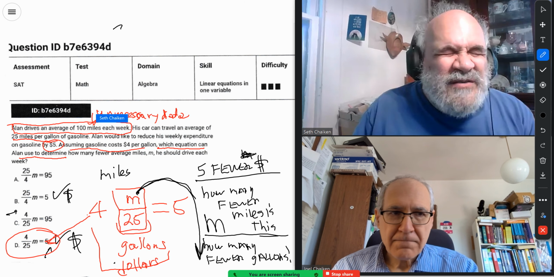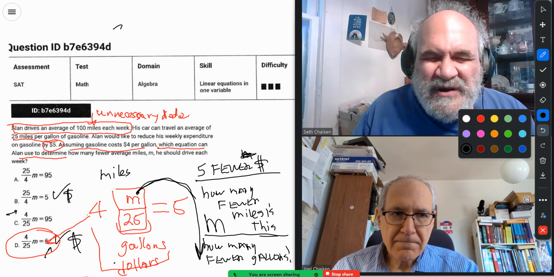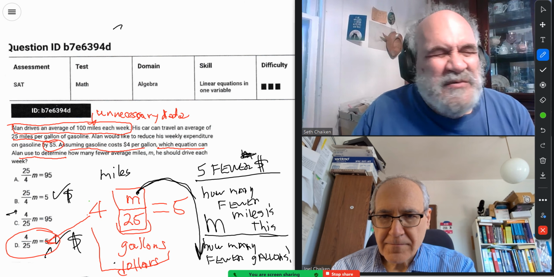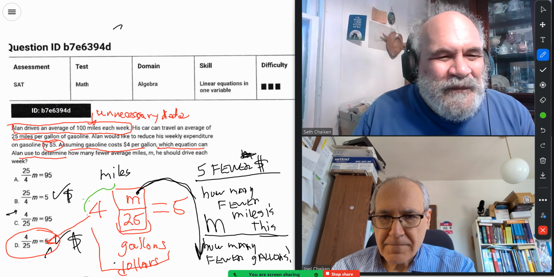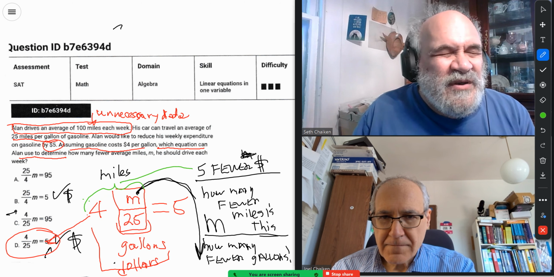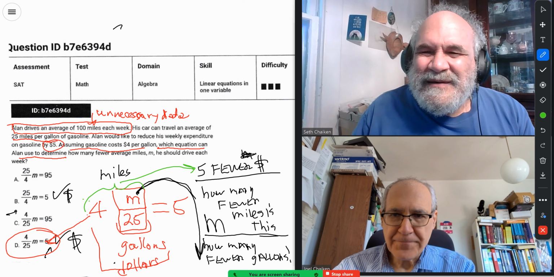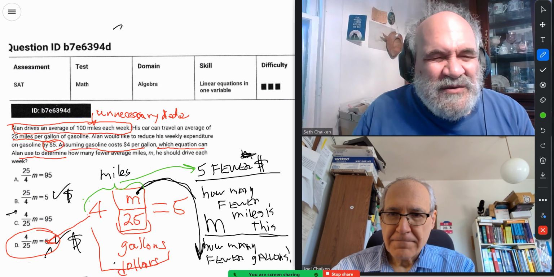It doesn't matter how many miles per week. All he wants is, for whatever he's spending, to spend $5 fewer. So the $100 doesn't matter.